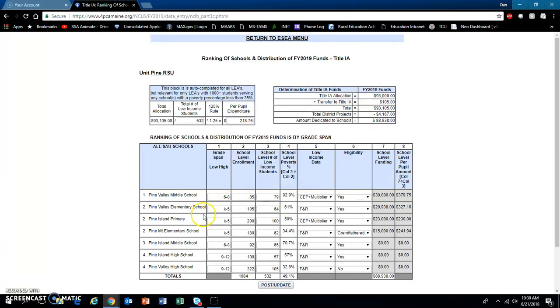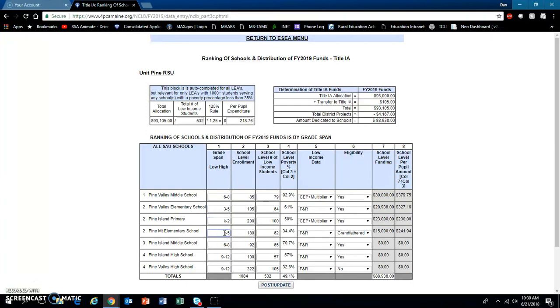Then the next grouping we said was our K-5, but because the grade spans are not actually K-5, we will adjust their actual grade spans. So Pine Valley is actually a 3-5 school. Pine Island Primary is actually a K-2 school.